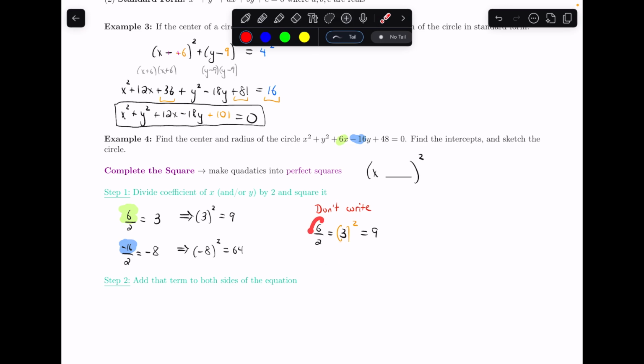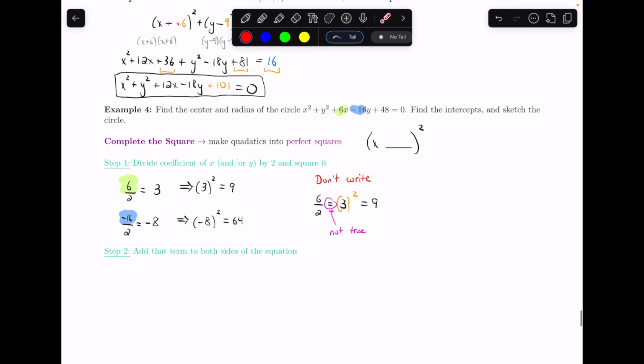Like if I look at this, 6 divided by 2, that's 3. But I'm saying that 3 is equal to 3 squared? But that's not true. This is saying 3 is equal to 9. So this equal sign is not correct anymore. So when we want to perform two different operations like that, like dividing by 2 first and then squaring it second, I can't connect them with an equal sign anymore. I have to use a different symbol, this arrow, to indicate it's a new step, completely separate step.